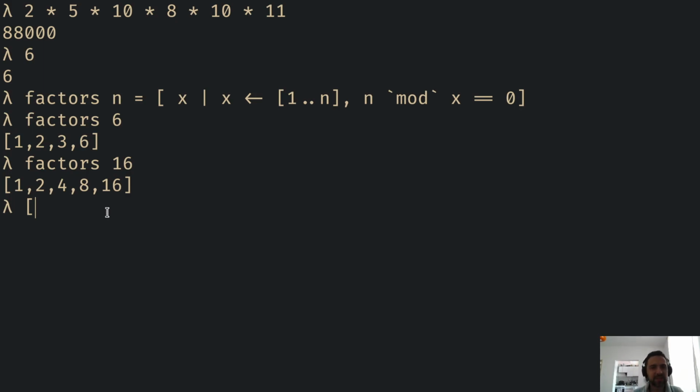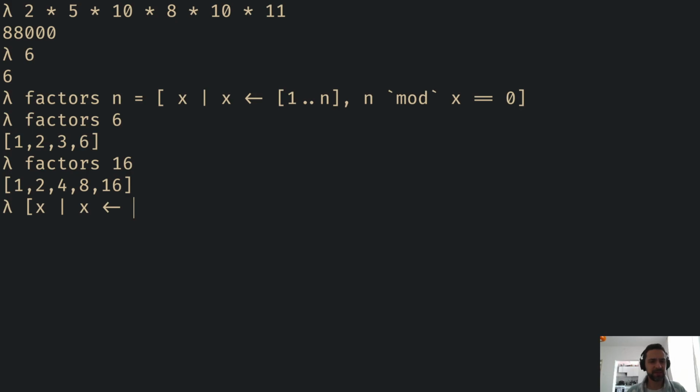How would you make a pair? Wait, let's try this. X, and then X goes what? In X goes, let's say, 6. Do we do it like that? 1 to n. Factors of 6. Yeah, this is the most simple. No, but I should use something for just this example, like 6.